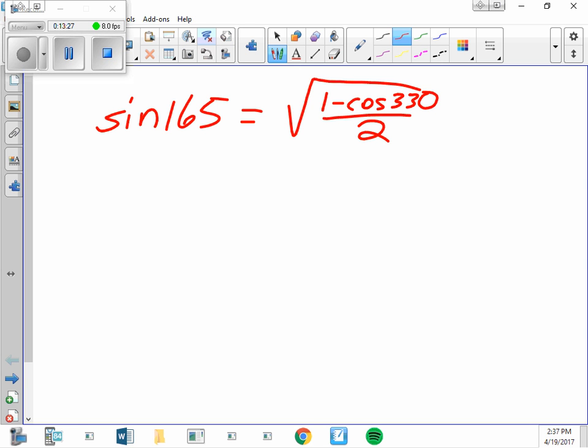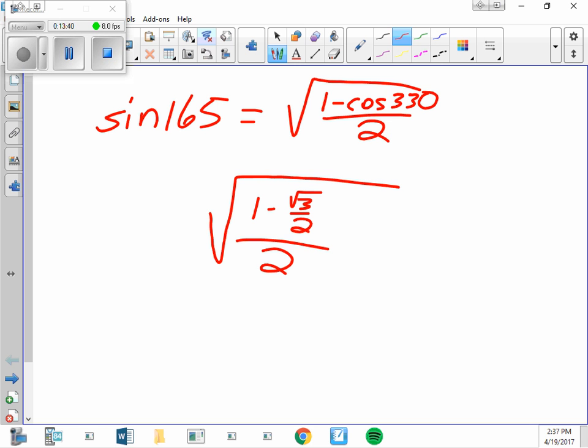What is the cosine of 330? No, it's root 3 over 2. So we get the square root of 1 minus root 3 over 2 over 2. Well, you kind of make that decision either at the beginning or at the end.